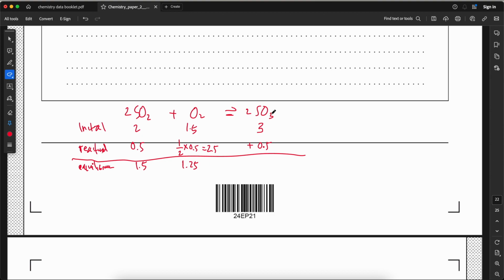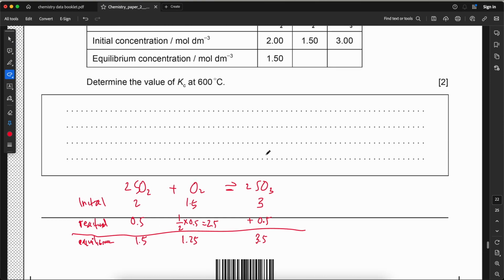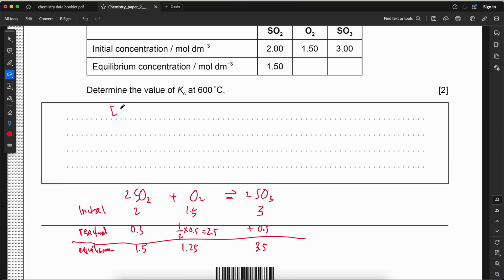Always on the product will be plus, on the reactant will be minus. So 3.5. Therefore, the concentration of oxygen is 1.25 mol per dm³, and SO₃ would be 3.5 mol per dm³.